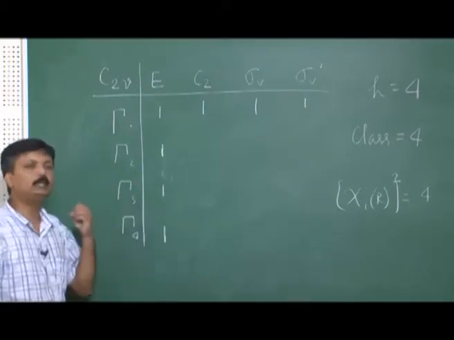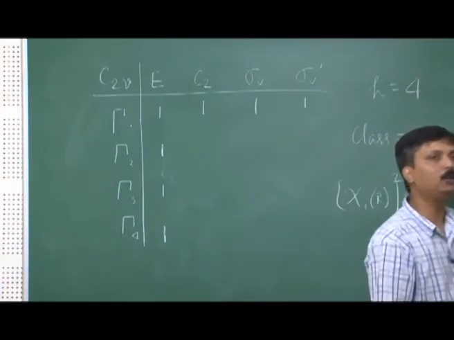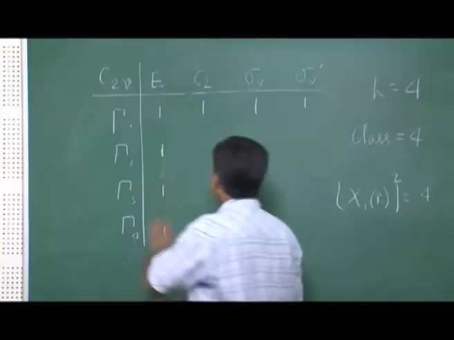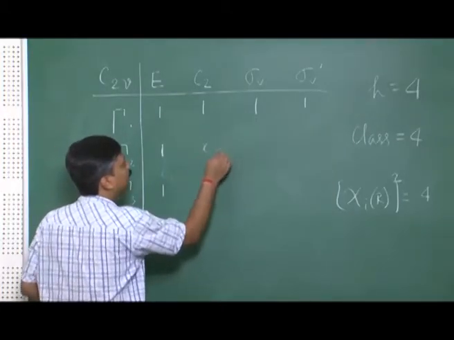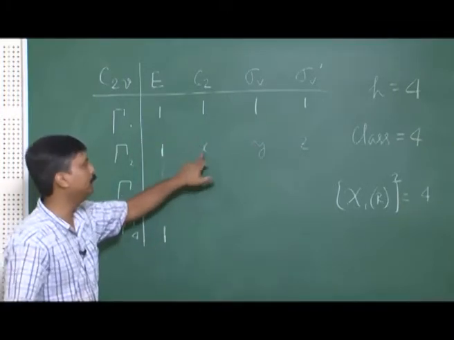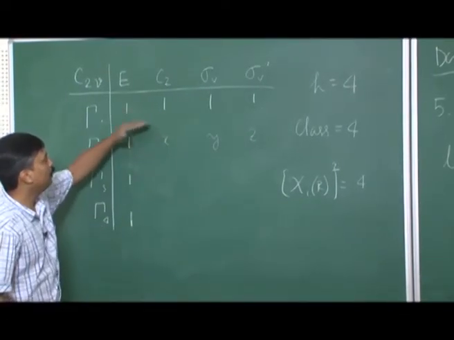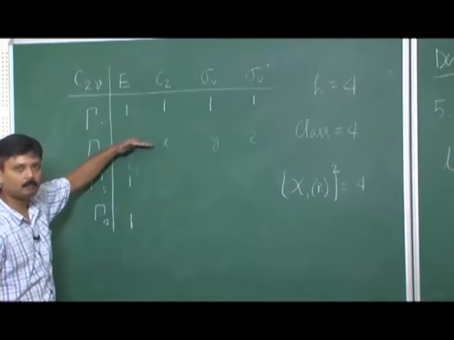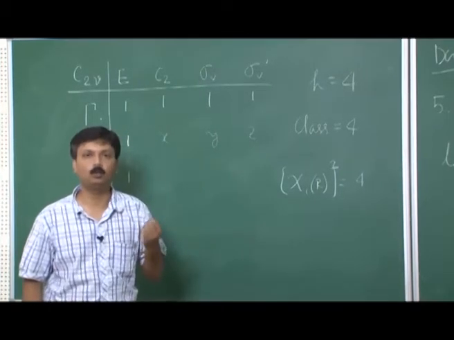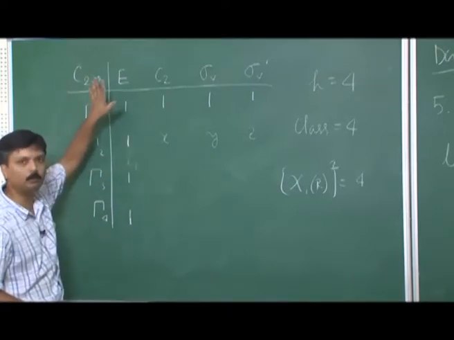Now, let us take the help of rule 3, which says that any two irreducible representations are orthogonal to each other, meaning that if I have another irreducible representation here, suppose I write x, y, z, some arbitrary numbers, and I know of course that these x, y, z can be either plus 1 or minus 1, nothing else. Now, in that case, if I multiply this and this, I should get 0, because they are mutually orthogonal, and that is true for any two IRs belonging to this particular group.